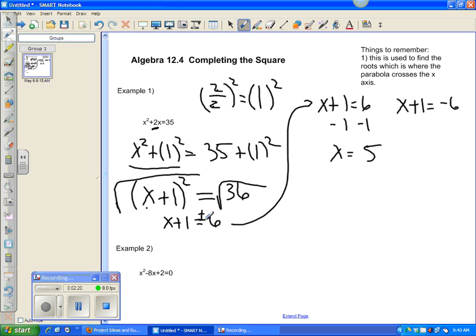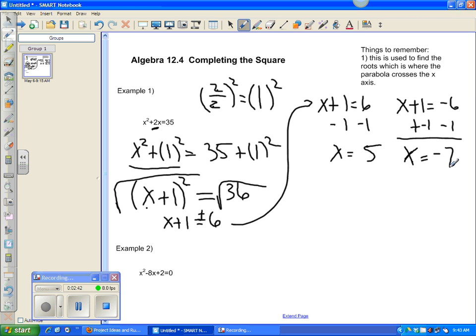The square root of 36 could be plus or minus 6. So we do over here x minus 1 on this side, which gives me x is equal to a negative 7. So the roots in this case are x is equal to 5 or x is equal to negative 7.